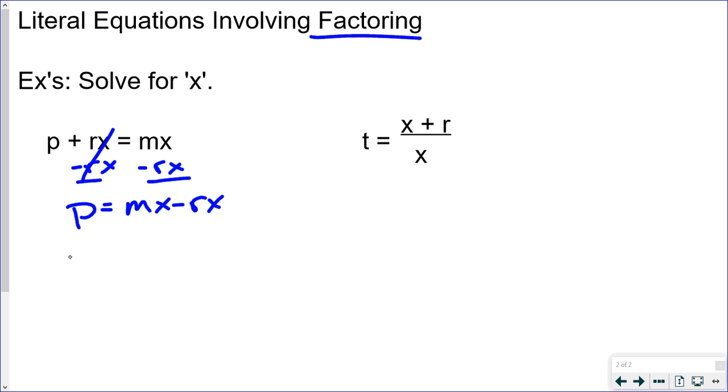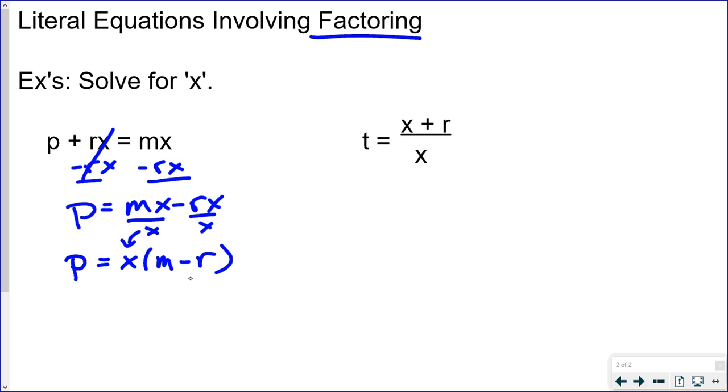So what you're really doing here is you're dividing both of these by x, and that x comes out in front of the parentheses, and mx divided by x is just m, rx divided by x is just r, and so I end up with this. So again, I'm pulling the x out of this.